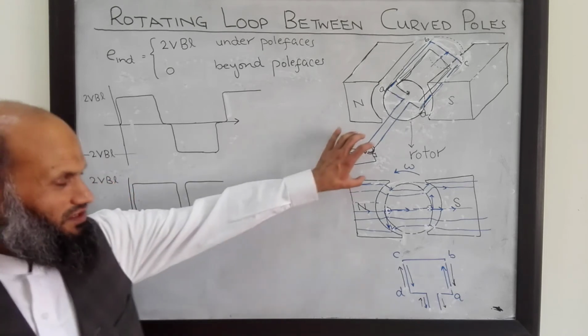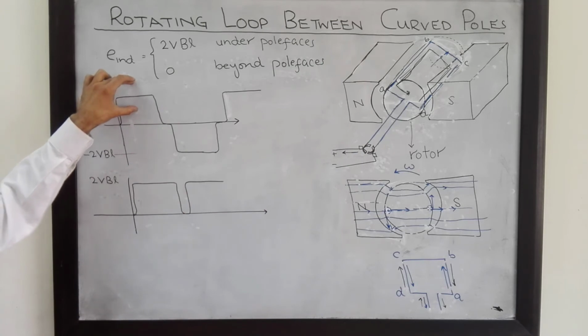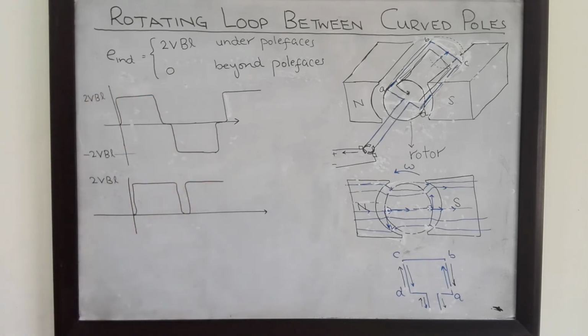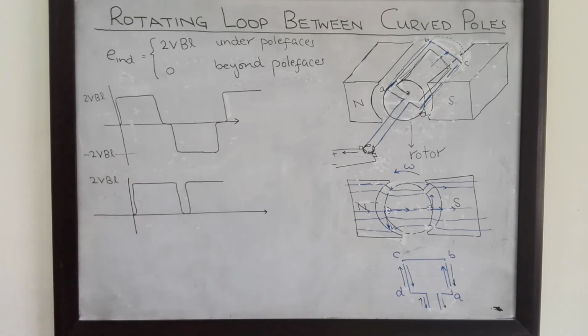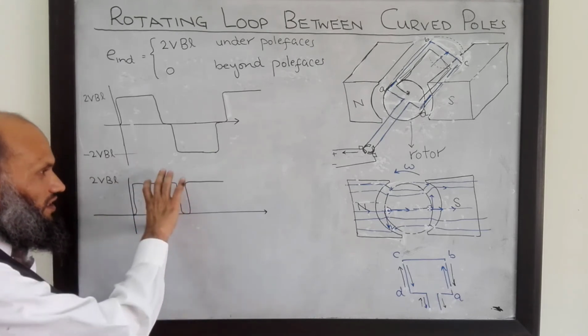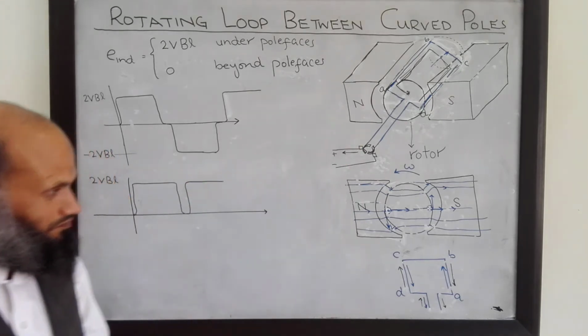So by this split ring arrangement, we have converted this bidirectional voltage into a unidirectional voltage. It is still not a DC, it is fluctuating DC. We shall learn how we can get a pure DC or near DC signal from a DC machine.